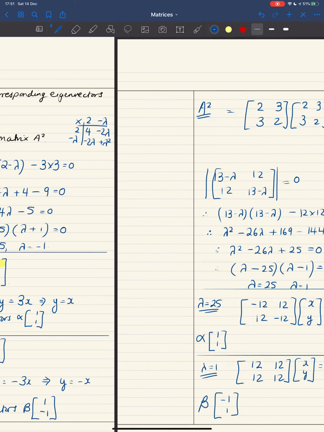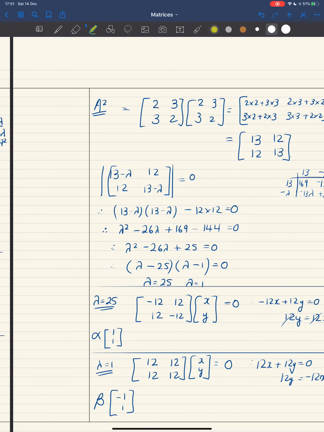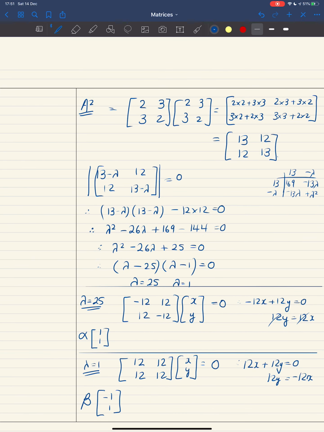It doesn't matter that I've put this one as the negative at the top, because with the beta you can just say it's beta, 1, minus 1. You could either have 12x is minus 12y. It doesn't really matter which way around you do those at all. That concludes that.